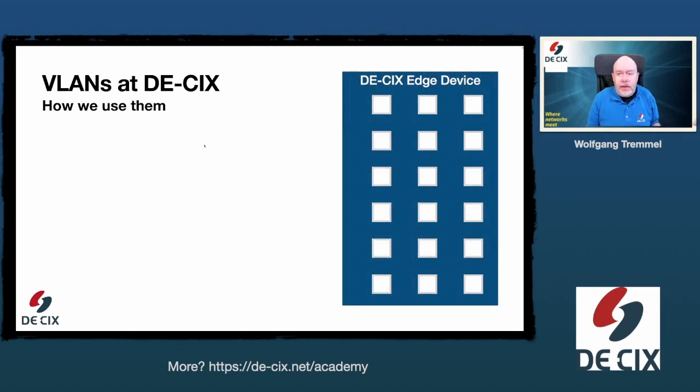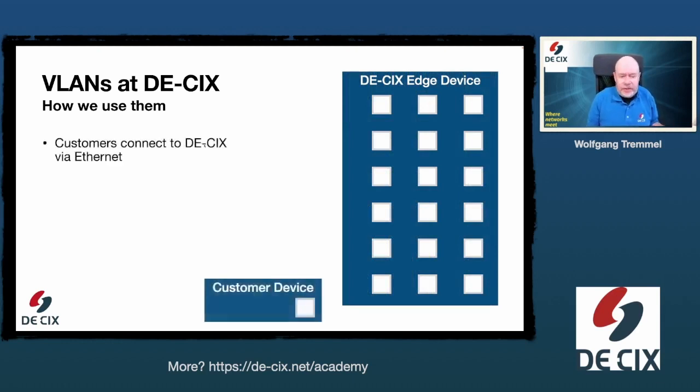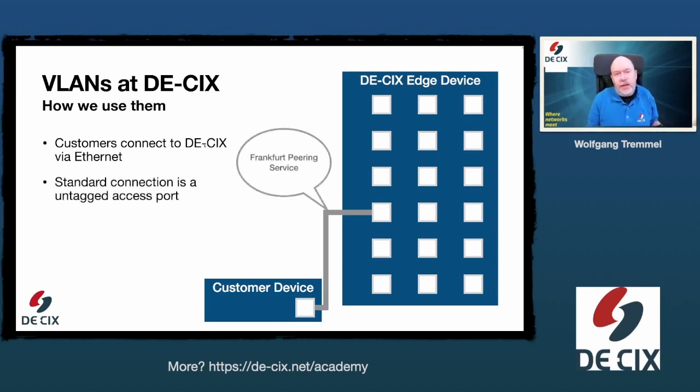So a typical DKIX edge device, customers are connected over Ethernet, and the very basic thing is to deliver one service on one access port, like we deliver the Frankfurt peering service here. It's an untagged service in this case, and the customer participates in the Frankfurt peering LAN.